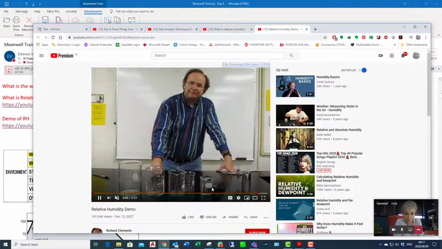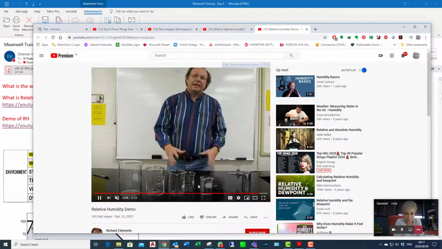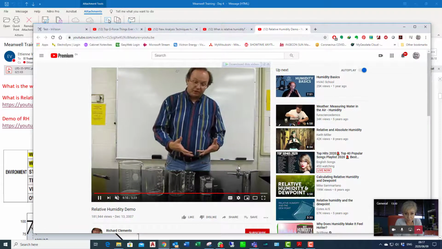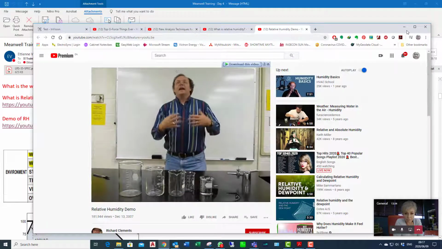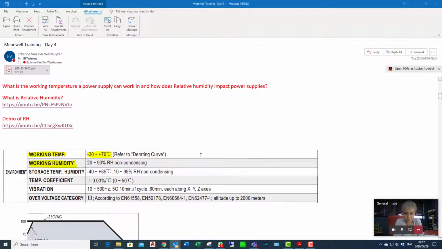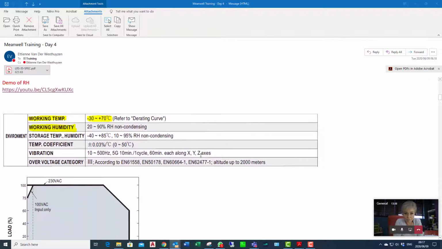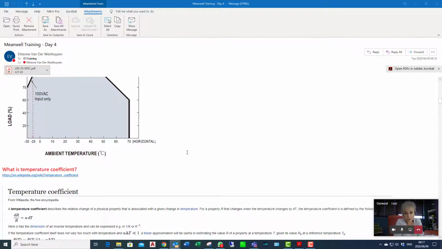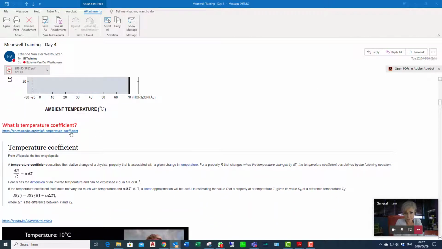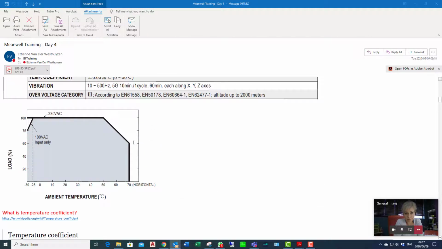And as it comes down, putting it in a small jug, it's overflowing. It's the same concept with the power supply in terms of temperature, that it overflows if you're in a heated environment. Okay.